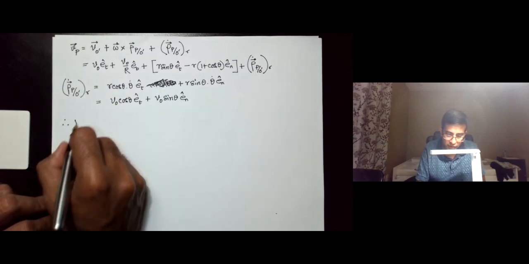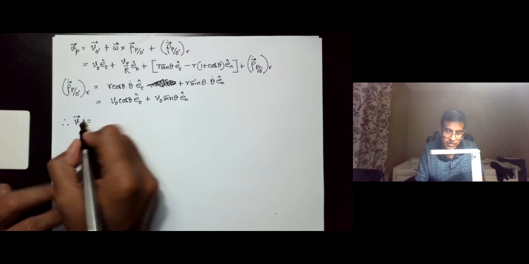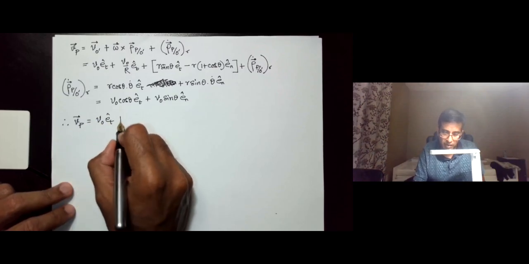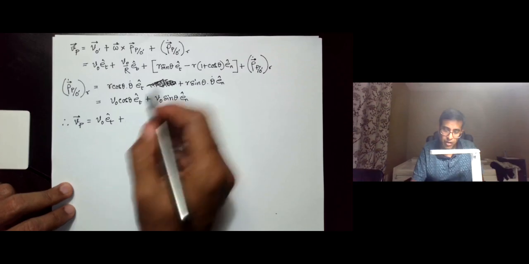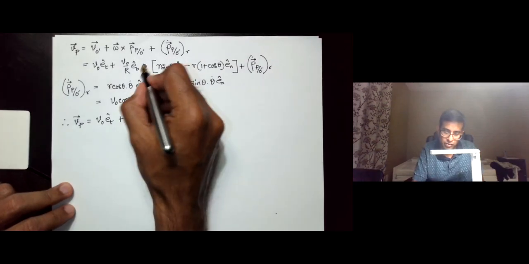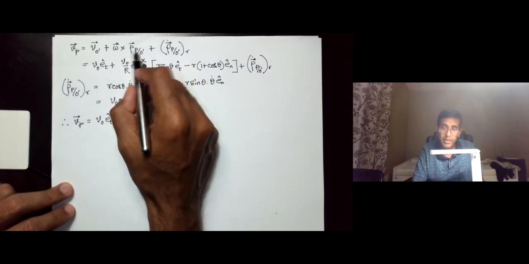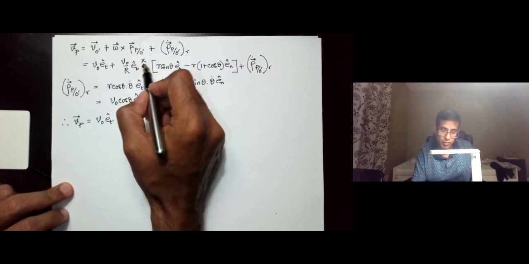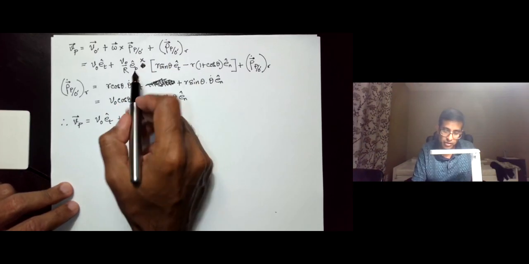So therefore the velocity of the point P is equal to V0 ET plus, this one should be a cross product. I'm sorry, this is omega cross rho P with respect to O prime. So this is not a plus, this is a cross product.